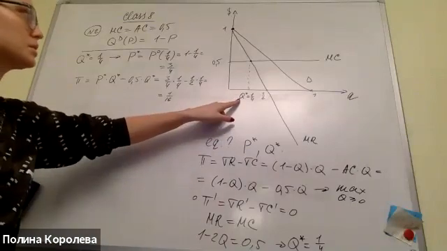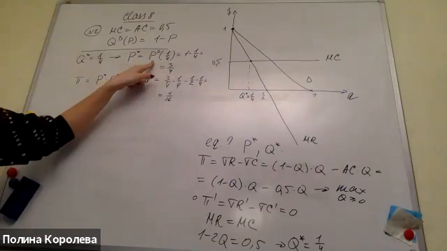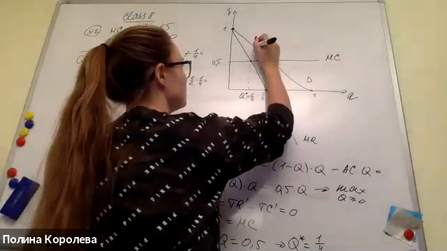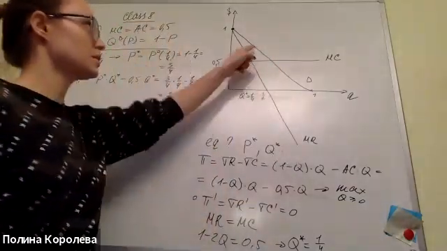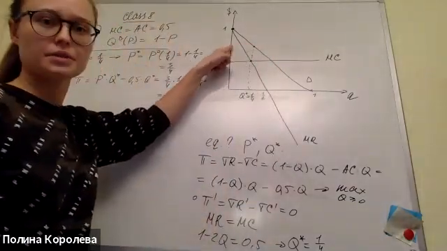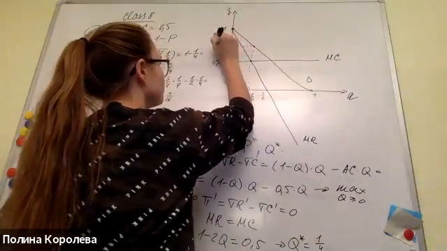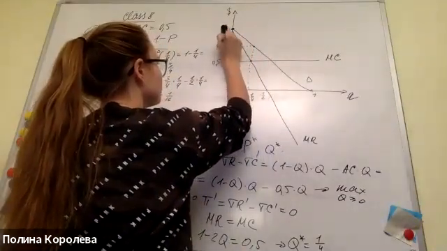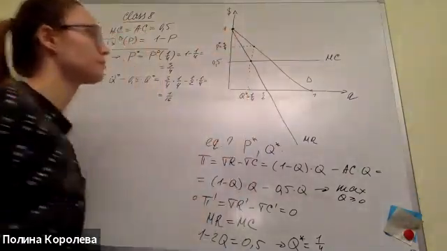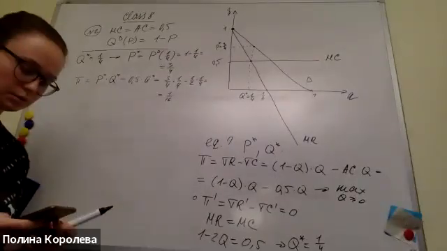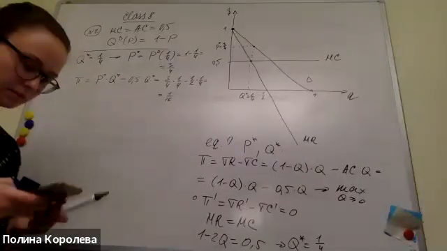We put this quantity into the inverse demand function. So where is the inverse demand function? Move here, and from here we find the optimal price, 3 over 4. Agree? Good. So, questions about this point?